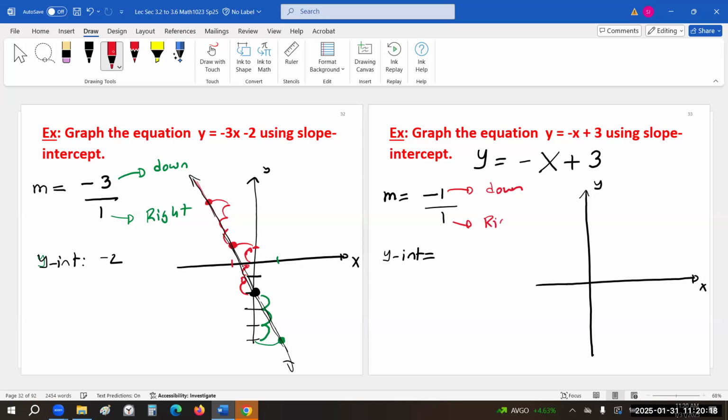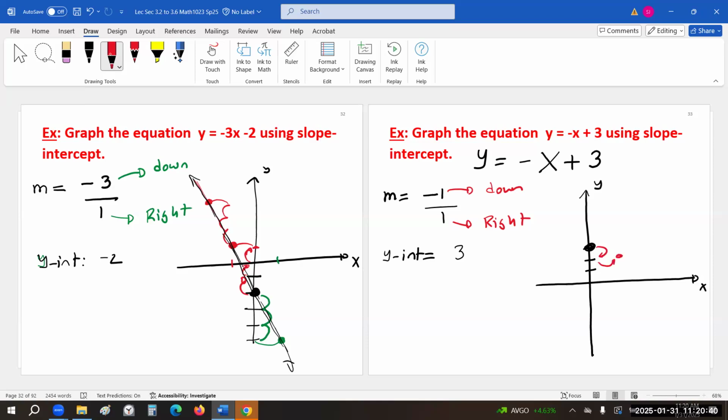Our y is exactly the same as the last one. What is our y-intercept? +3. So 1, 2, 3. And now what do you do from there? We go down 1, right 1.